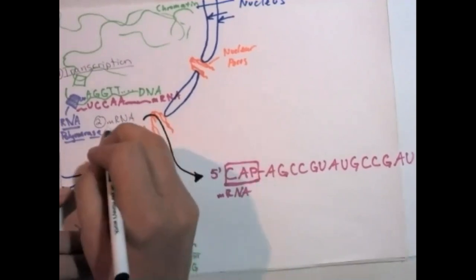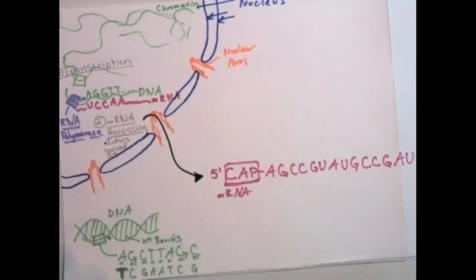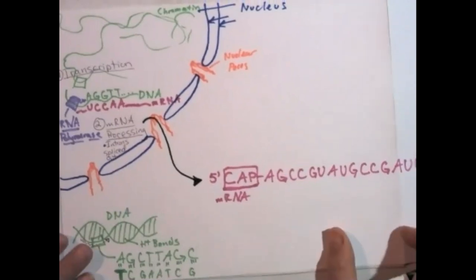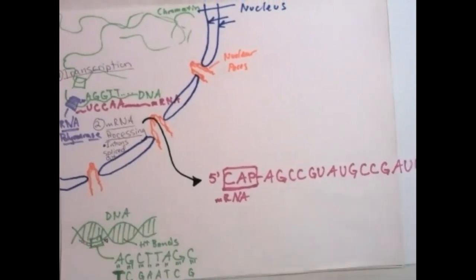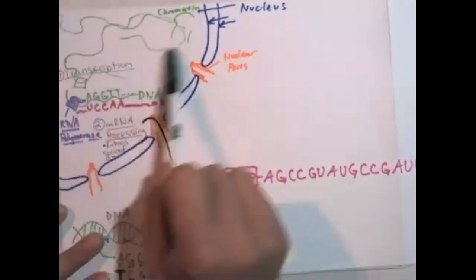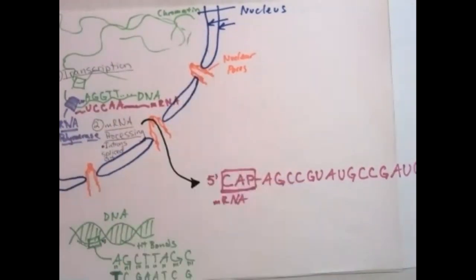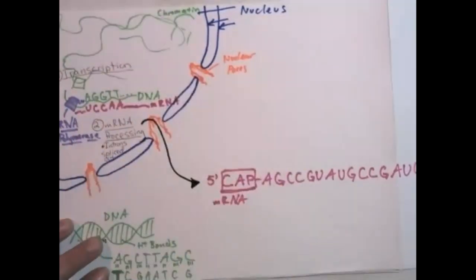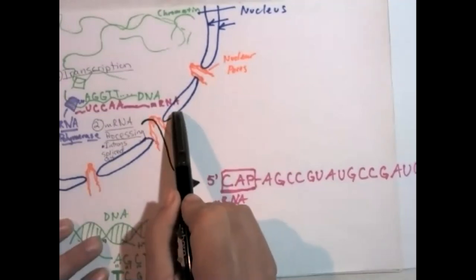Okay, now this kind of stuff, transcription and the processing, is happening all the time. Simultaneously, other things that are happening all the time are happening on other portions of the DNA. So that's what we're going to look at in the next slides here. But before we do, let me just point out that this DNA contains the genes for any type of RNA.